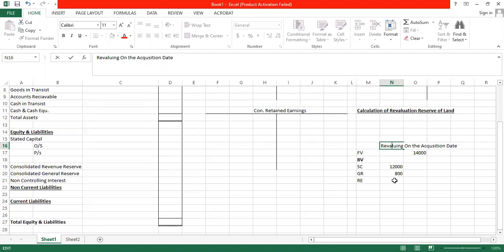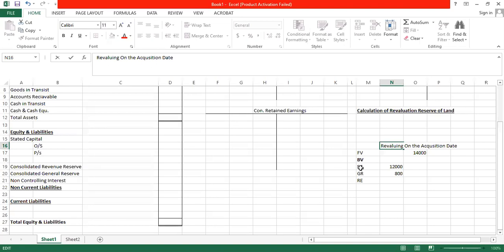If there is any information on the date of acquisition about what the reserve balances are, right? Normally, the stated capital, it means the ordinary shares, is the same. But it can also be different sometimes if they have issued shares between the acquisition date and the balance sheet date.